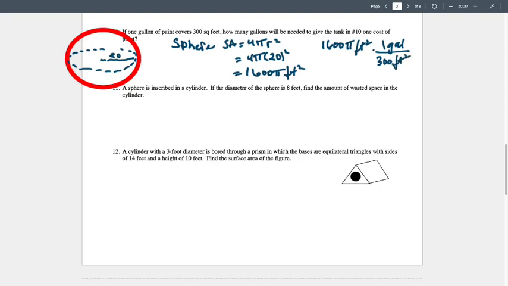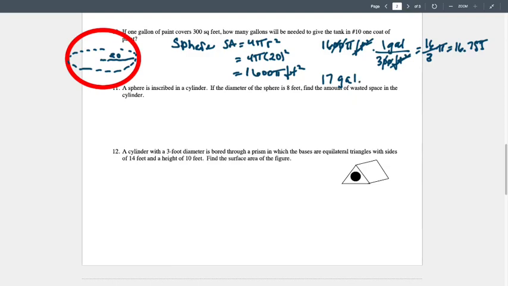So to figure out how many gallons of paint we need, those feet squared cancel. I'm basically doing 1,600 pi divided by 300. Those zeros will cancel out, and we're left with 16 over 3 pi. As a decimal, it's 16.755, which means that we're going to need 17 gallons of paint to cover that.